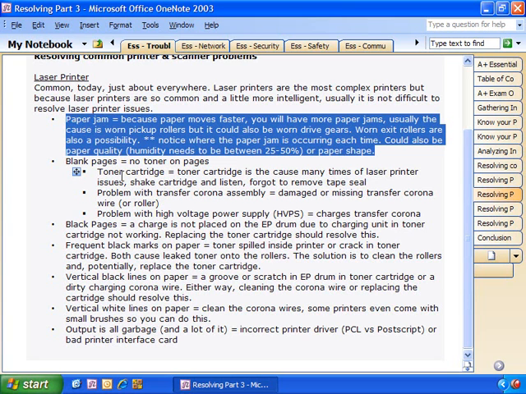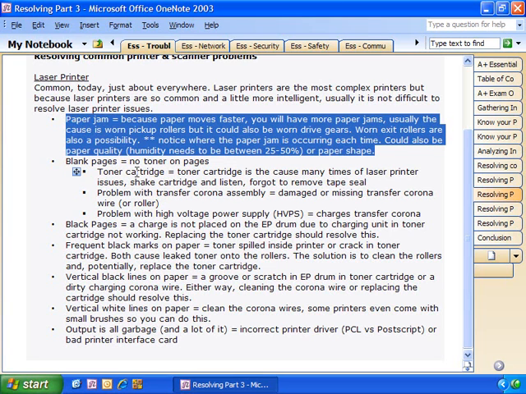It could also be the paper quality. Humidity needs to be maintained between 25 and 50% to maintain good paper quality. So if you keep your paper in an area that gets a lot of humidity, you might consider moving that paper because that could be a cause of the jam. Paper shape. Remember I told you about the story where we had a big printer and it started jamming and it turned out to be the paper shape. That could be a possibility in any paper jam.